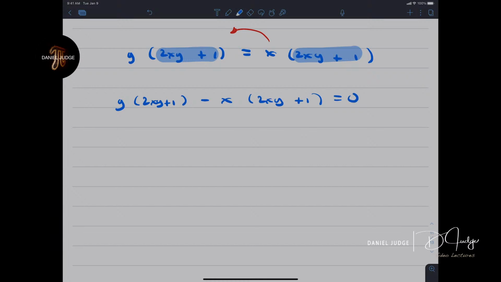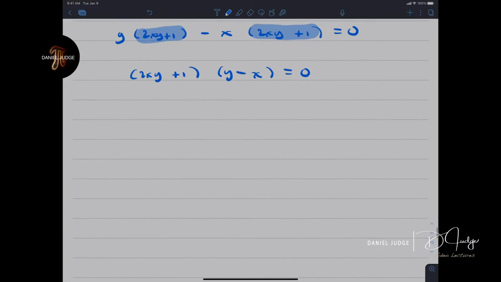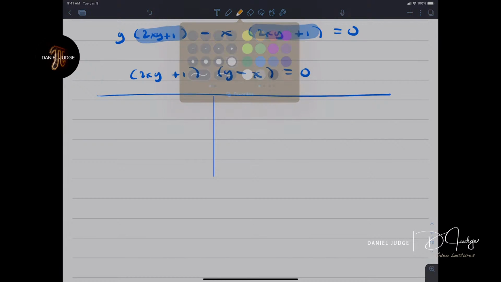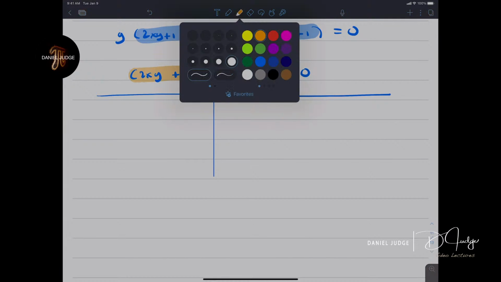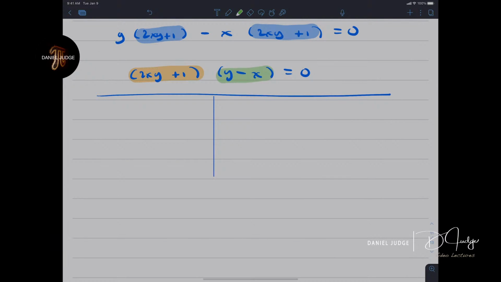I'm going to factor that term out and solve this equation. And there again is that common term, 2xy plus 1. Now, what that means is, by the product rule, this times this, that 2xy plus 1 is 0, or y minus x is 0.